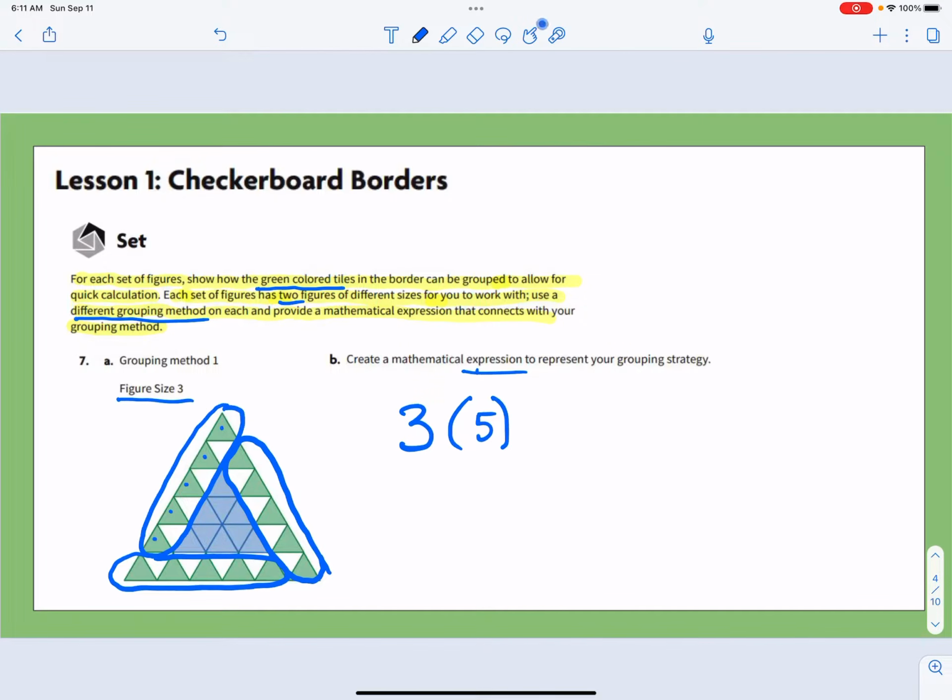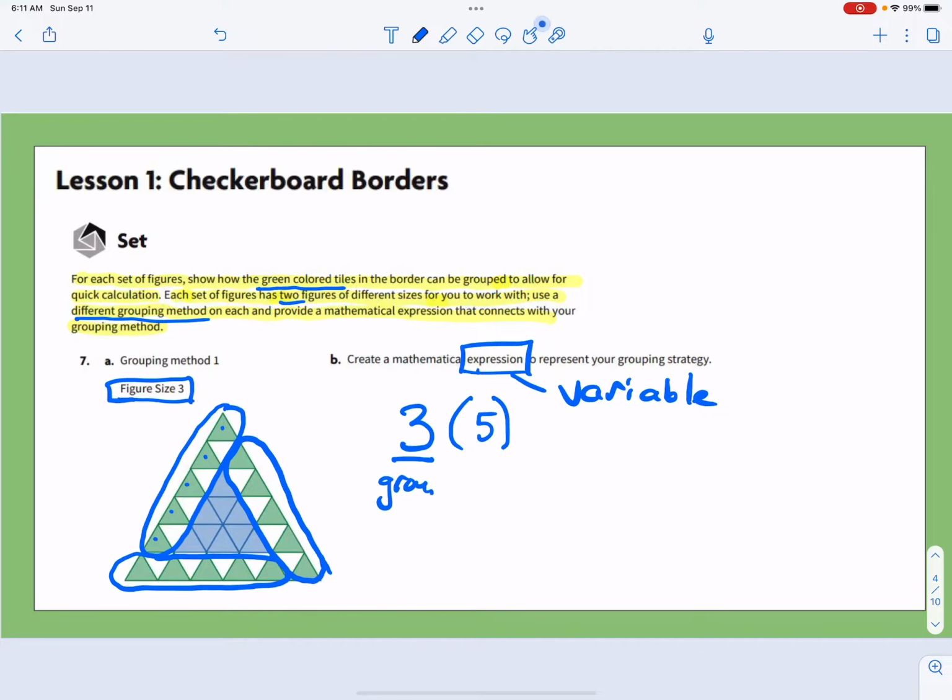But for an expression, I want to turn that into some sort of variable, so that I can use this expression to find out the values of other figures. So in this case, it says the figure is a size 3. This 3 is going to remain the same because I have 3 groups. That's going to stay the same.